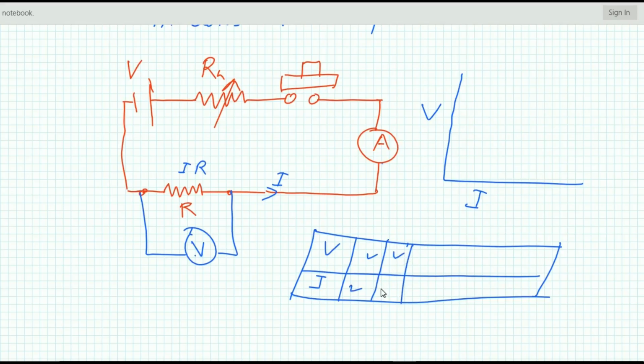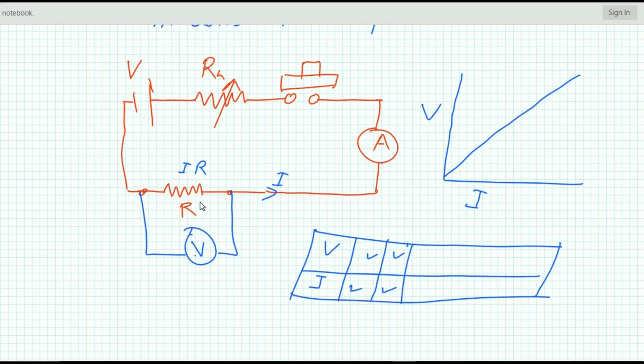Similarly we will take 4 or 5 readings, and if we plot here, we will get a straight line, which will give the characteristics of the resistor, and it is evident that it is an ohmic resistor. That means it is obeying Ohm's law, right?